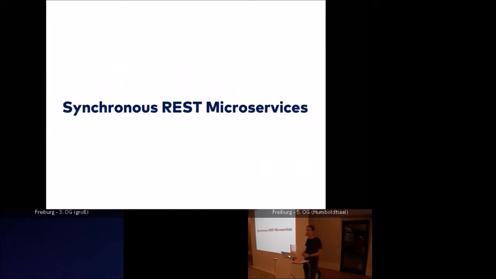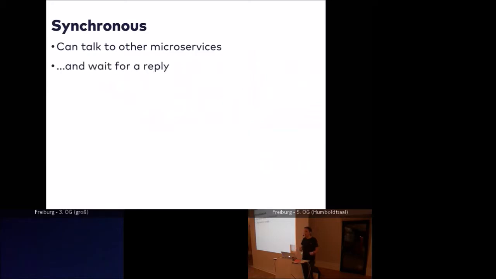It might be like the typical microservices that you find out in the world. Synchronous microservices, according to my definition, or to my understanding, basically means that I can talk to another microservice and wait for a reply while I'm processing a request. So I'm an invoice microservice. I am asked to show some invoice.